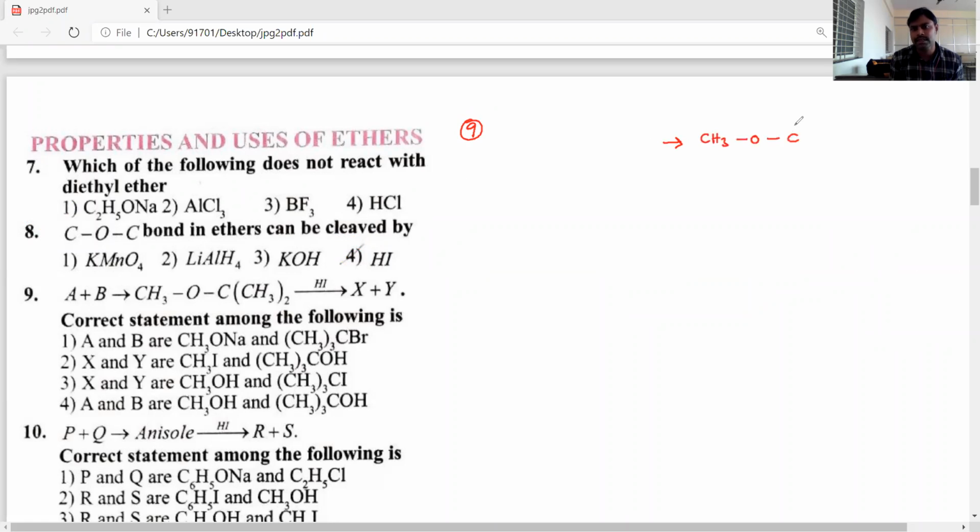CH3-O-C(CH3)3, methyl tertiary butyl ether.